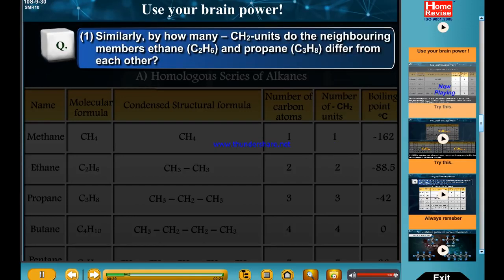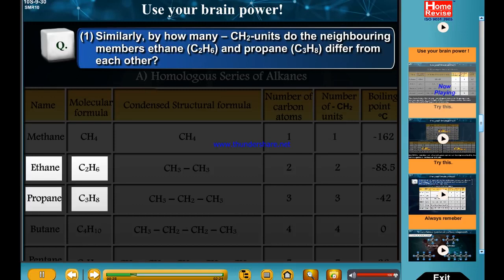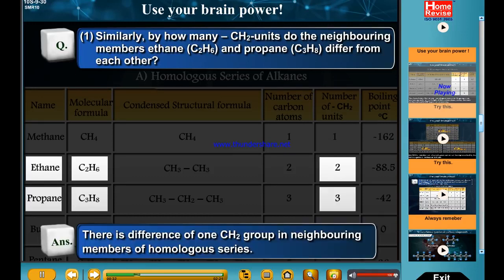Similarly, by how many CH2 units do the neighboring members, ethane, C2H6, and propane, C3H8, differ from each other? Answer: there is a difference of one CH2 group in neighboring members of homologous series.